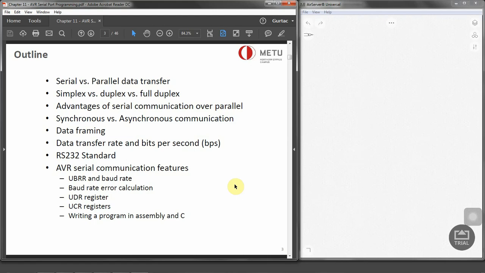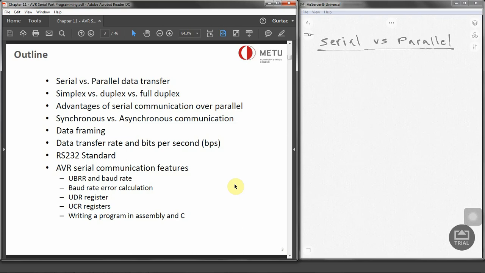And let's get started with serial versus parallel data transfer. Now, in computers, there are two ways of transferring data. One of them is serial, and the other one is parallel.